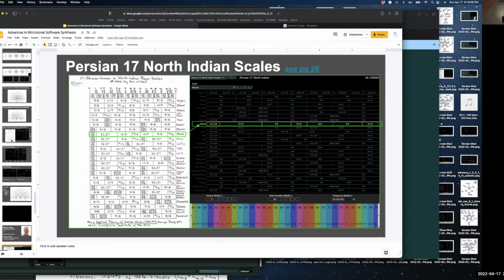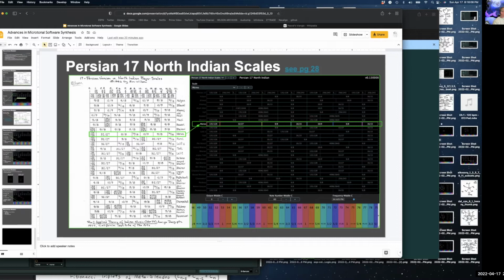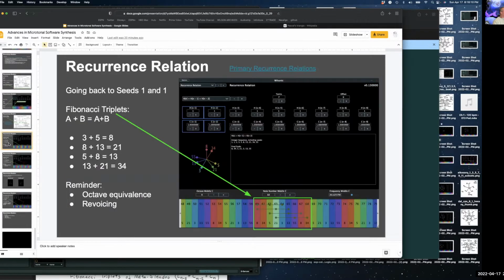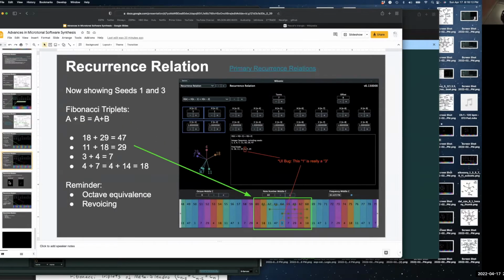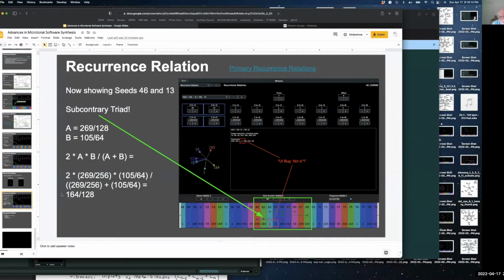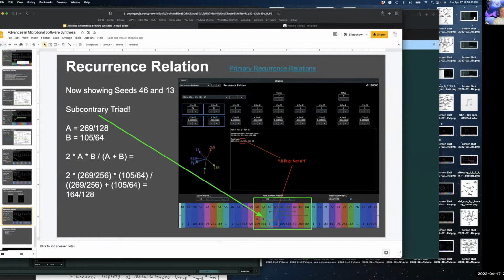How are you defining sub-contrary? I'm going to get to that in a bit. Okay. Jumping ahead a little bit. This is 2 times A times B over A plus B. So that would be the middle note.